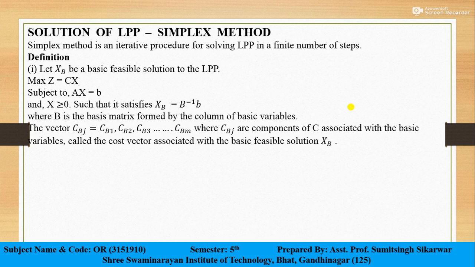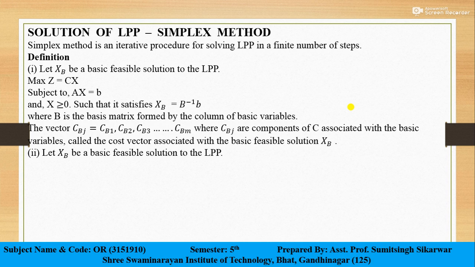Now let us assume the vector cbj equals cb1, cb2, up to cbm, where these are the components of c associated with the variables, called the cost variables, associated with the basic feasible solution xb.